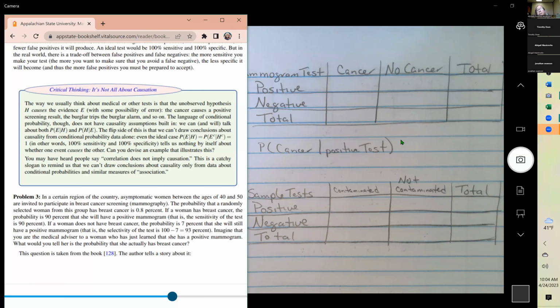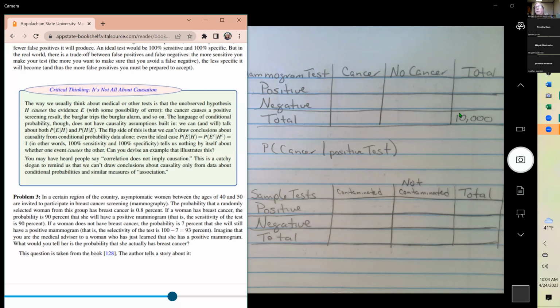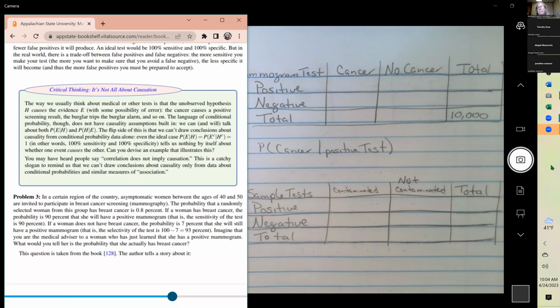Now, the one thing they didn't tell us is the total of people who are going to be in the study. So we'll go with 10,000, just so we have enough size, but less likely to have half of a person in a test.